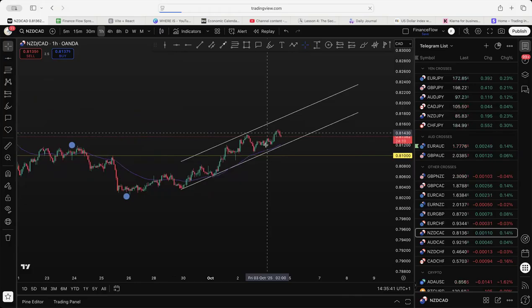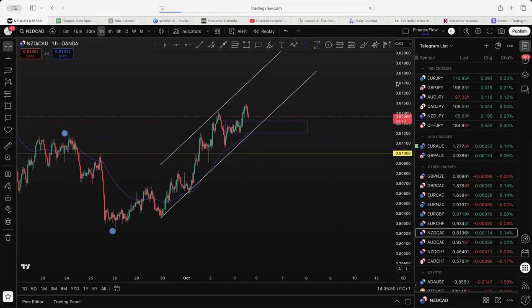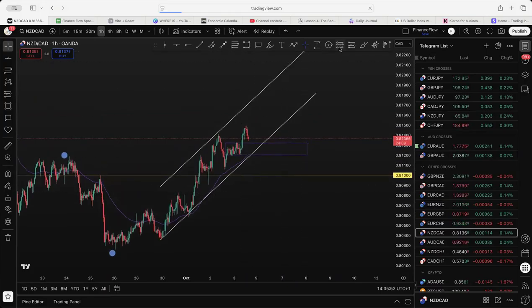All right, rolling over. What are we watching out for? We're watching out for this area here. You can see price consolidated for a while. We want to know, are we going to come into this area, reject, and test the upper side of this channel?